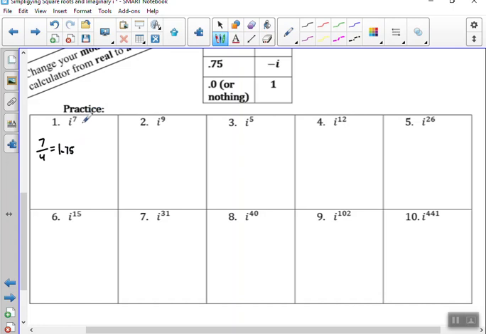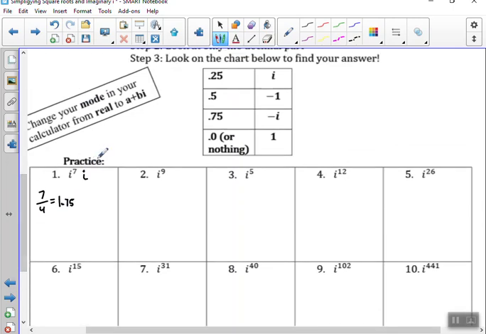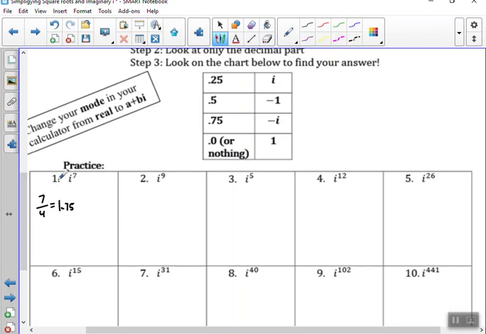Let me just say that 0.75 is equal to negative i. Okay, so like for this one, i to the 9th power, what do you guys get for this? It's just i.